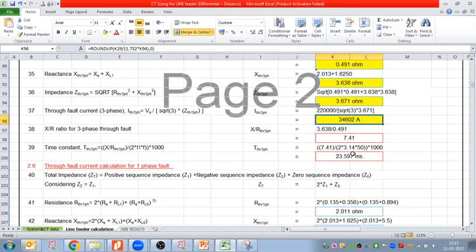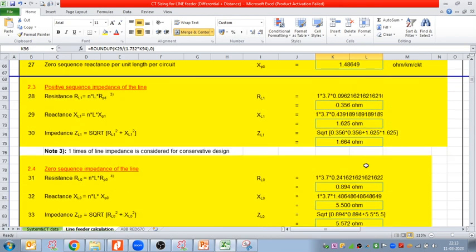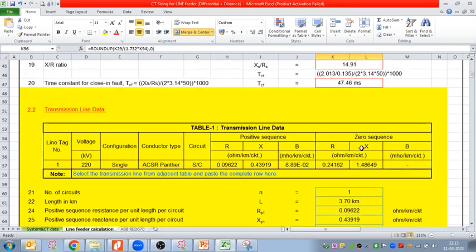If we want to calculate the single phase fault, then whatever zero sequence resistance and reactance you are getting, you have to use those, and based on the zero sequence resistance and zero sequence reactance values we calculate the single phase fault value. If you see here, the zero sequence resistance and reactance values are higher than the positive sequence resistance and reactance.